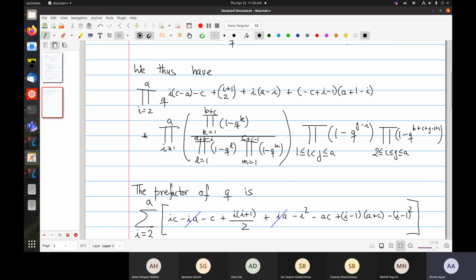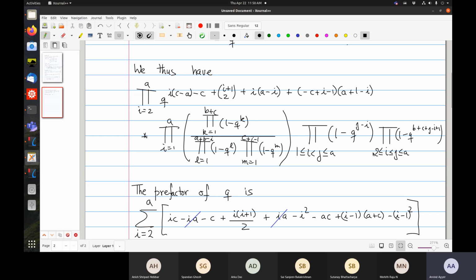So I have this power of, I have this product which depends overall on I. And then I have these two products which are kind of separate. But you know, it's easy to include them inside because here this is utterly trivial. I fix an I and j runs from I plus 1 to a. And I have this factor. So I will squeeze that in over here.